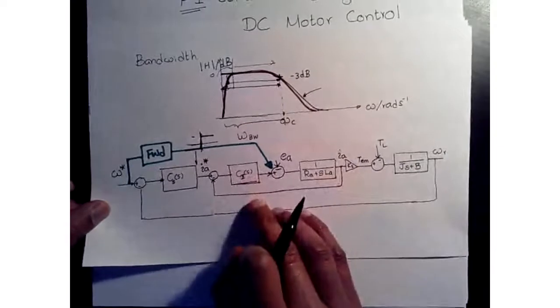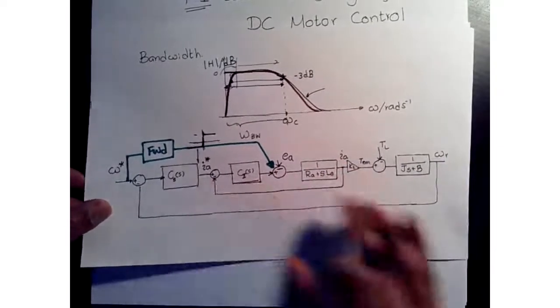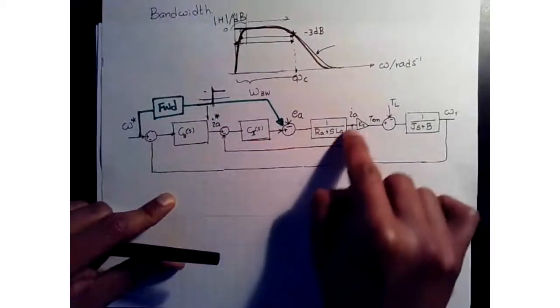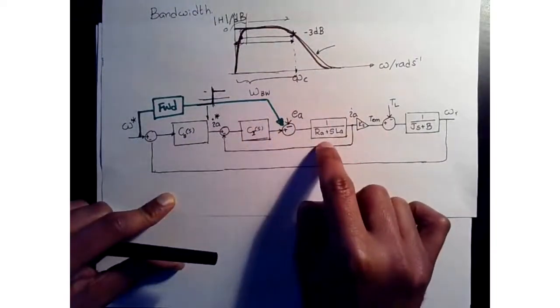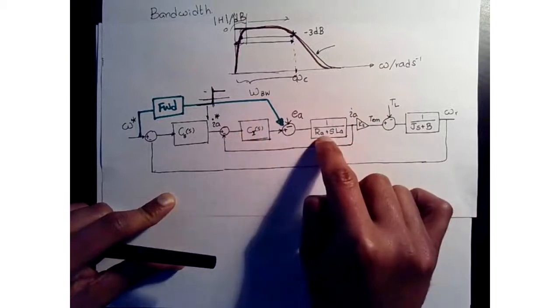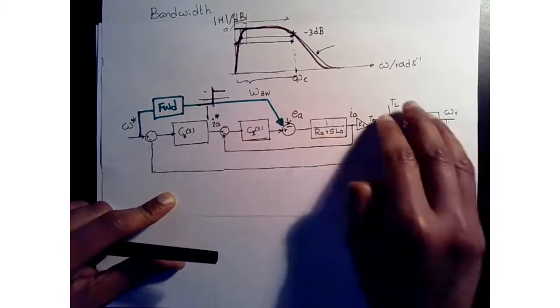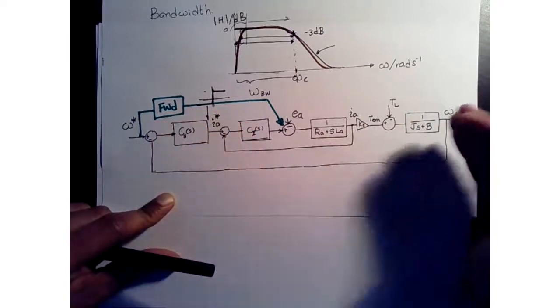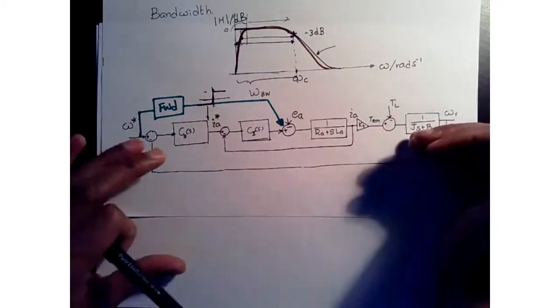So looking at this speed controller design, if we have a fast responsive current loop, which means we have fast dynamics here, we design the bandwidth to be a very high bandwidth current controller, and our plan is to design a relatively low bandwidth speed controller.